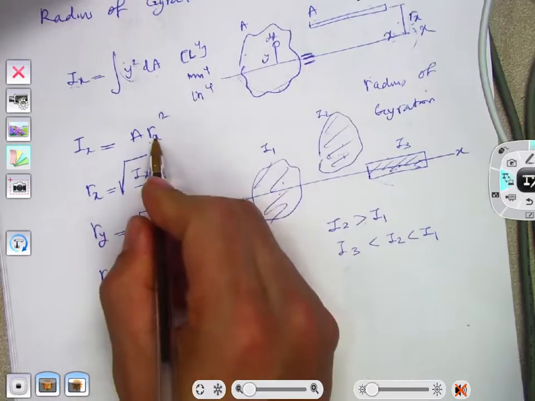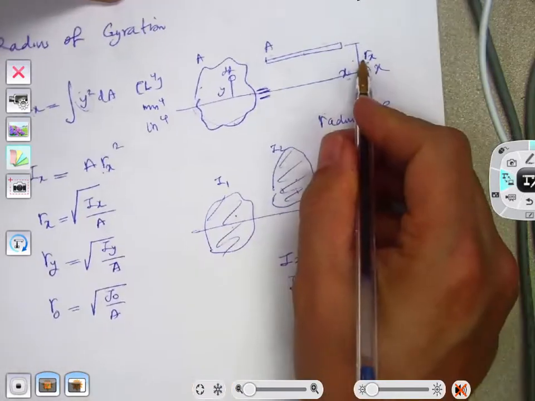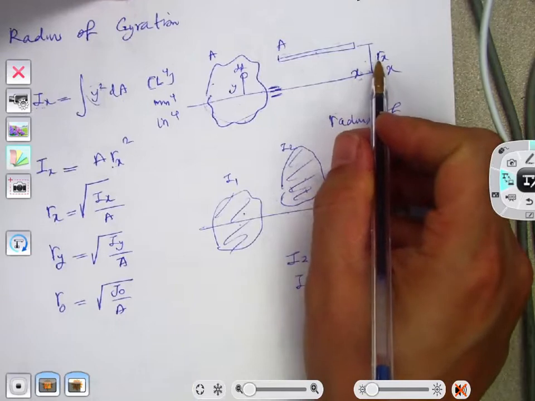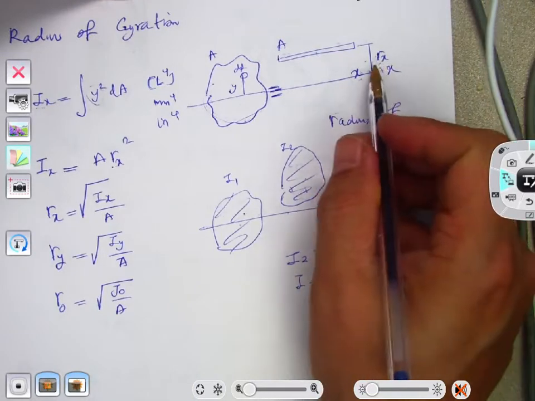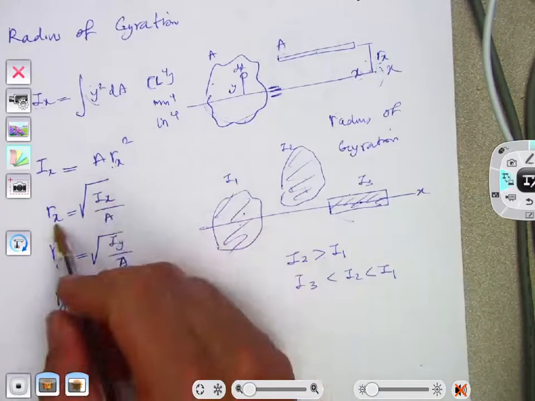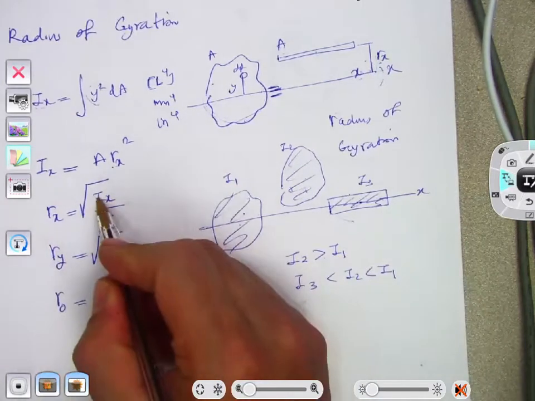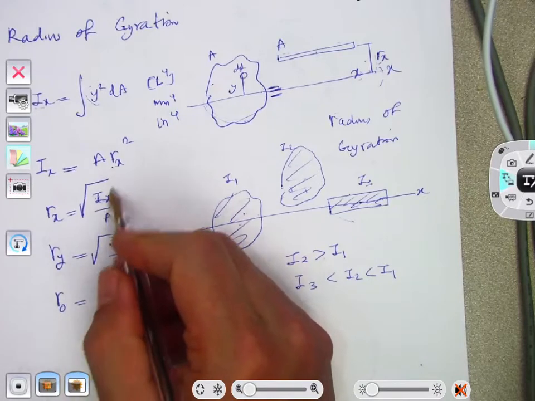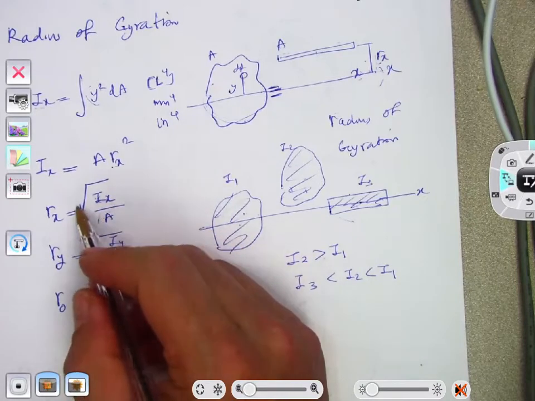Okay, so how about radius of gyration? You saw that I said this is like a distance. So it's going to be length, whatever length you have, millimeter or inch. Here you see that this is length to the 4, length to 2. They cancel, you have length squared, and then a square root of that is going to give you length.